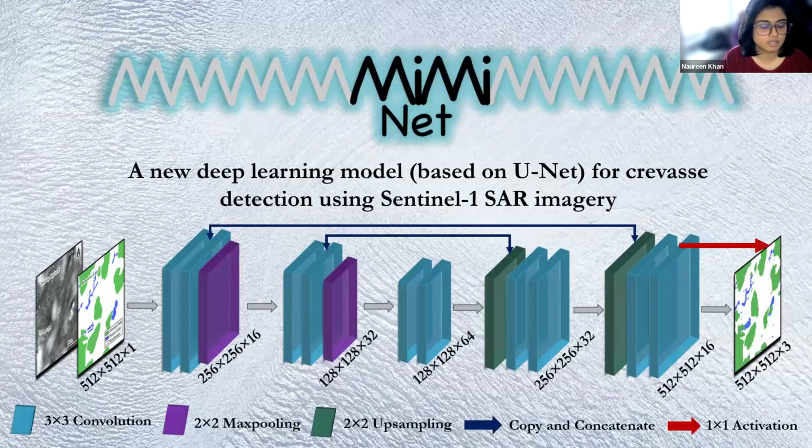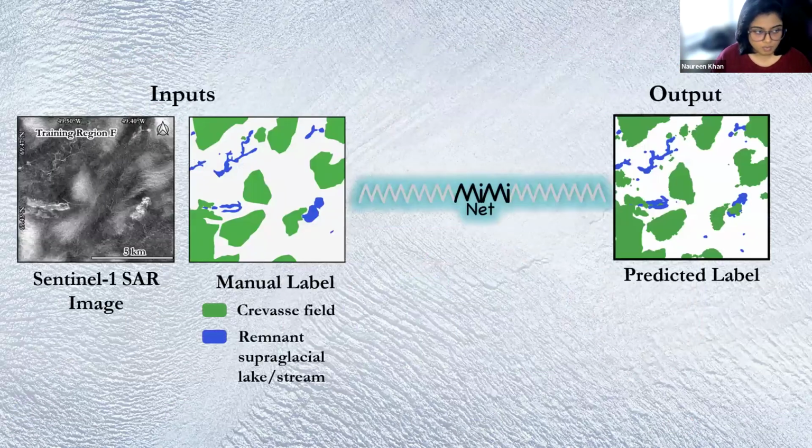For that, I developed this deep learning model named MimiNet, which is based on UNet, for detecting crevasses using Sentinel-1 imagery. Currently, this work is in review in the Journal of Glaciology. The model is trained on wintertime Sentinel-1 imagery, which limits any meltwater presence on the ice sheet, making crevasse fields much brighter and easier to detect.